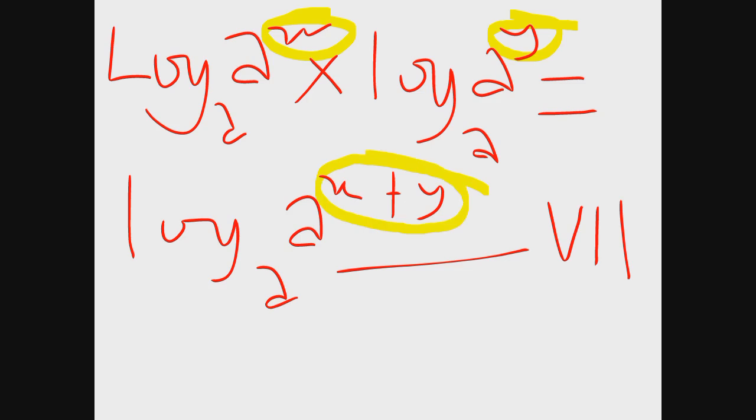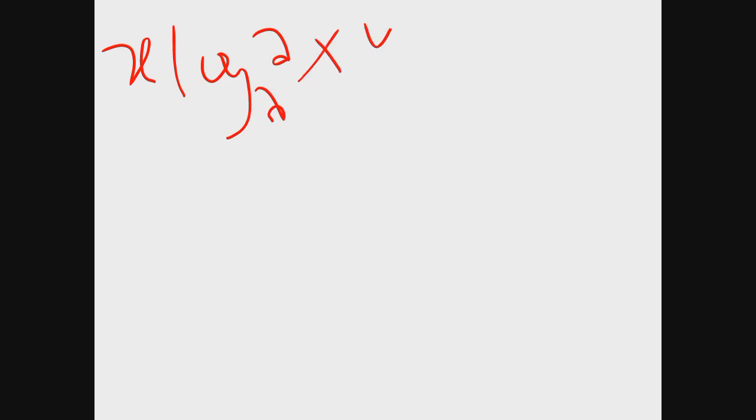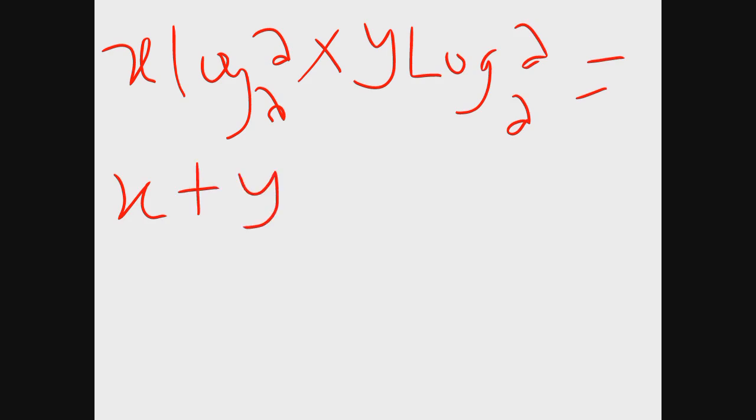Then our derivative will be x log a base a multiplied by y log a base a, which is now equal to x plus y log a base a, and let's call this equation 8.